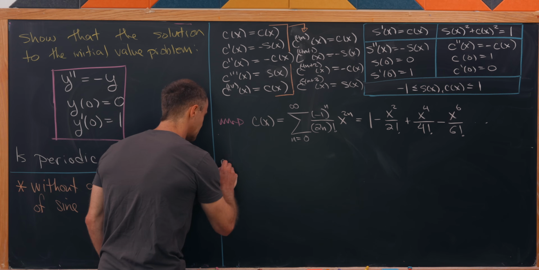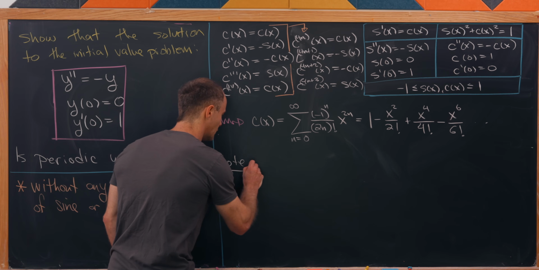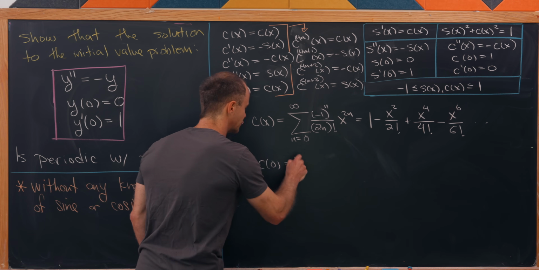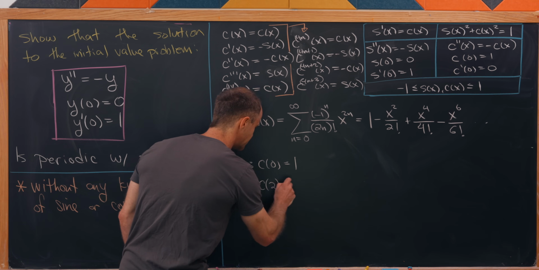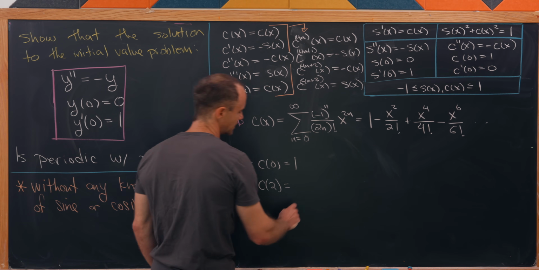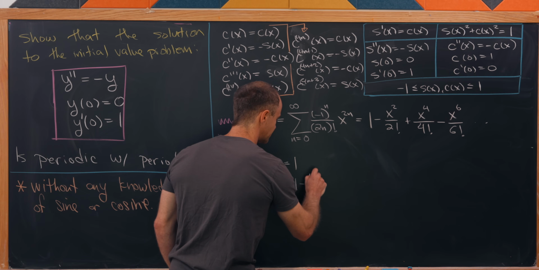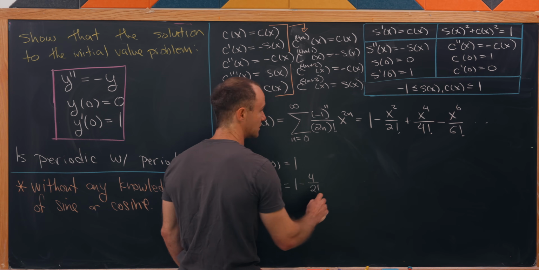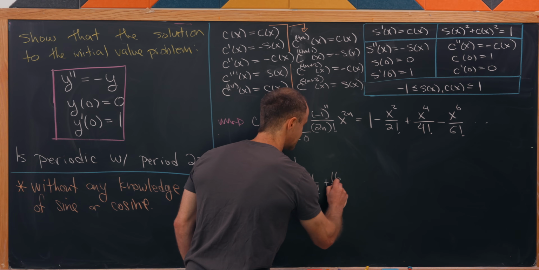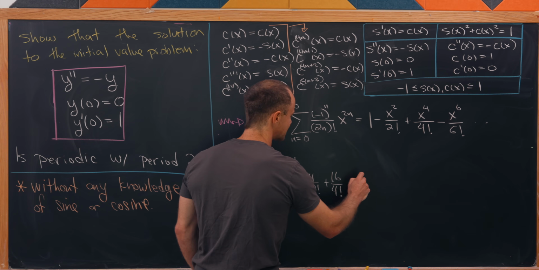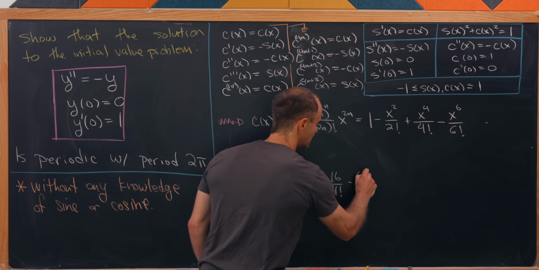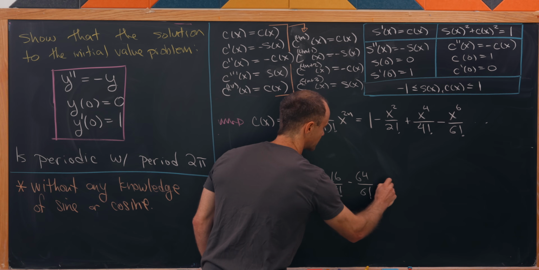Okay, so now let's note the following. So we know that c of 0 is equal to 1 by our previous calculation. Now let's look at c of 2. So that's clearly going to be 1 minus 4 over 2 factorial plus 16 over 4 factorial minus 2 to the 6th, let's see, what is that? 64 over 6 factorial, and so on.